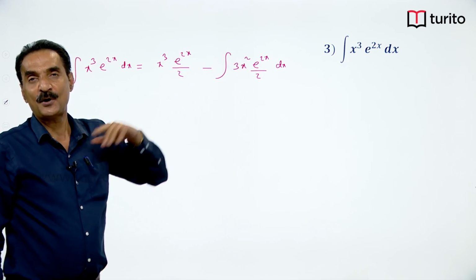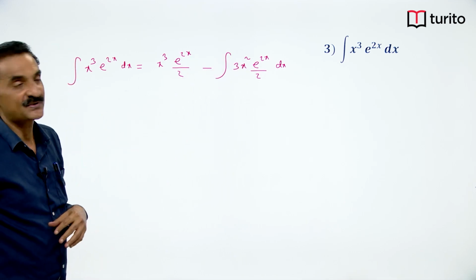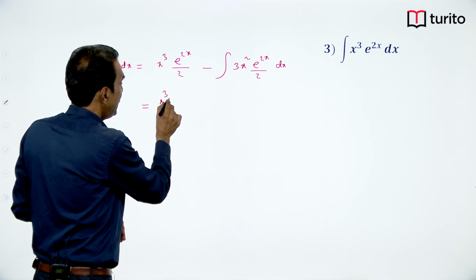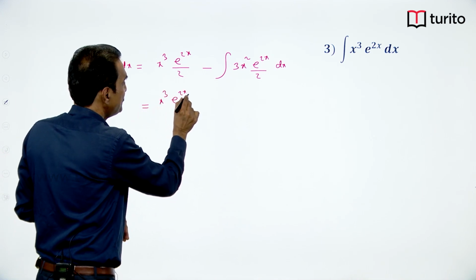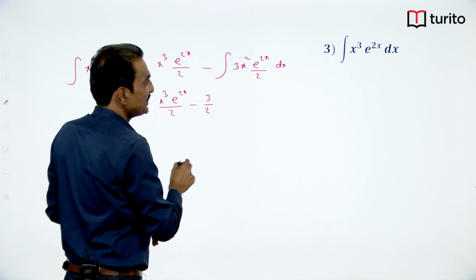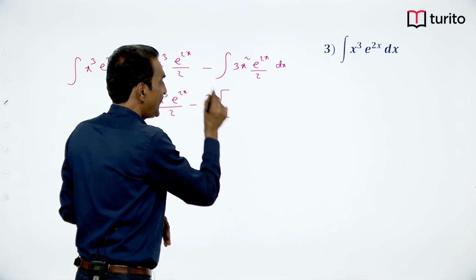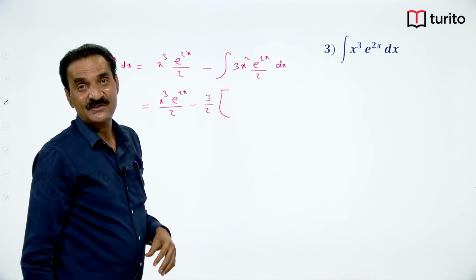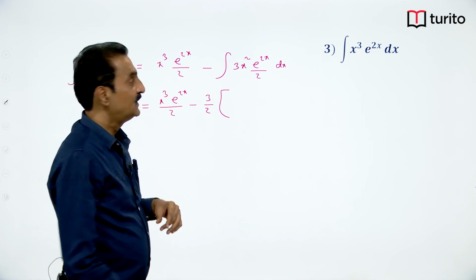Again this is integral of a product, we have to integrate by parts. It is x cube e power 2x by 2 minus, you can write 3 by 2 outside, bracket begin, x square is first function, e power 2x is second function, integrate by parts.